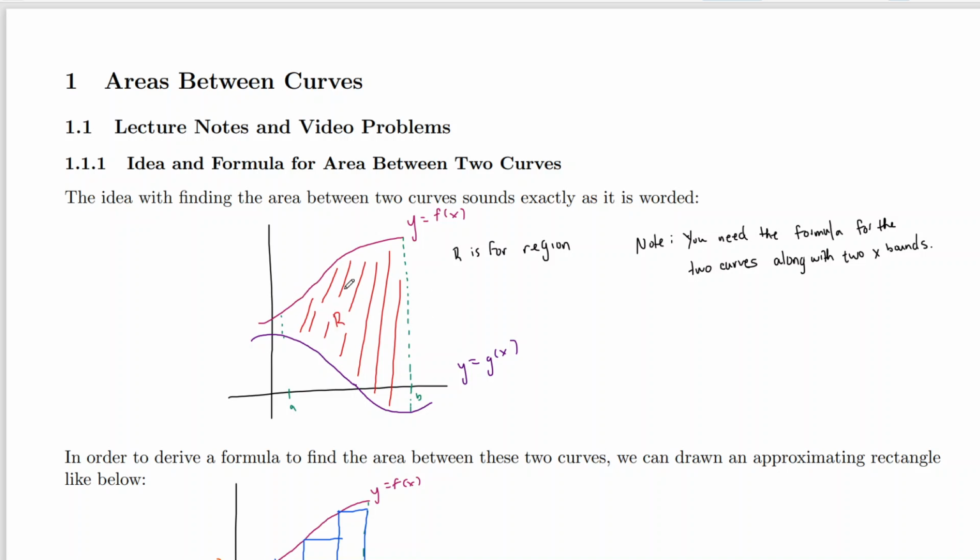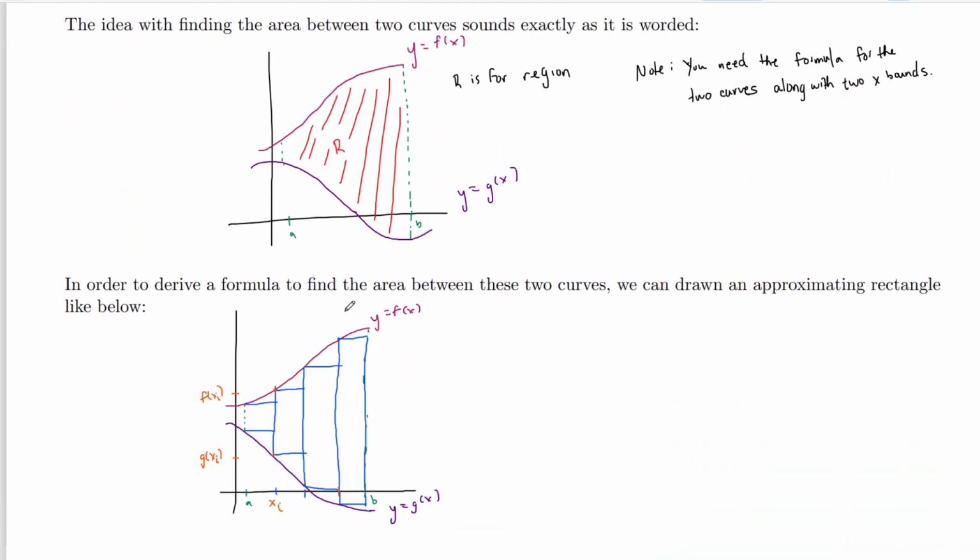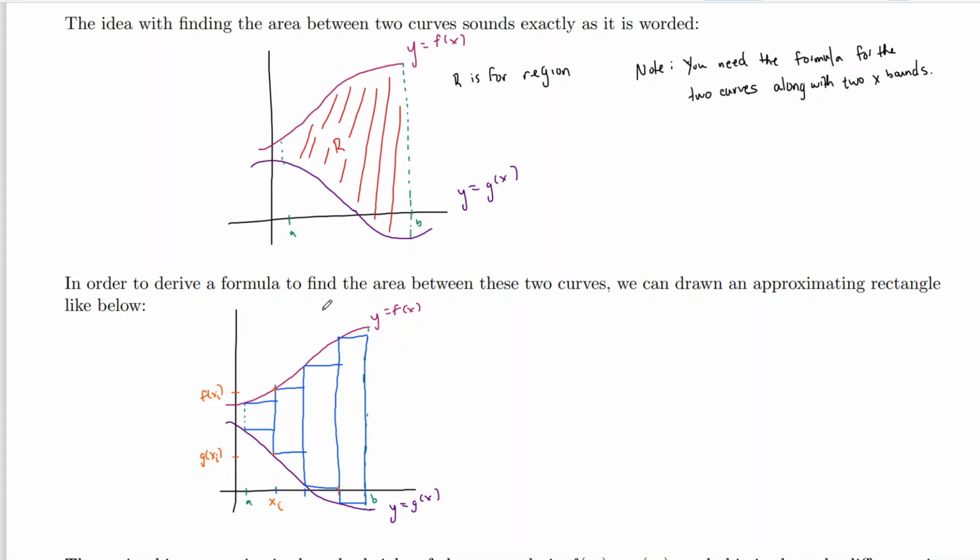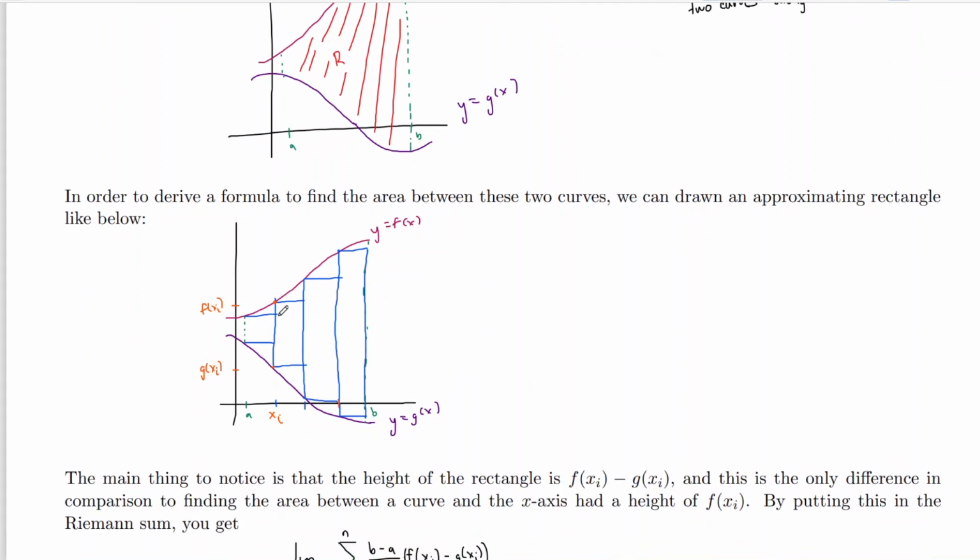All right, so I just want to quickly build up the formula for the area between two curves. All these formulas we talk about in applications of integration come from visualizing the rectangles and doing a Riemann sum. So I took this region here and made a left endpoint rectangle approximation, just so you can visualize what's going on.